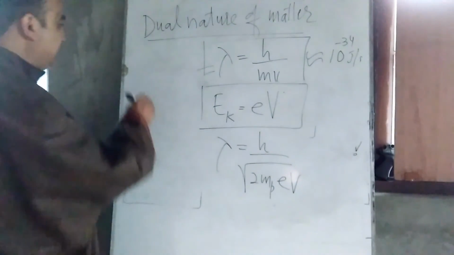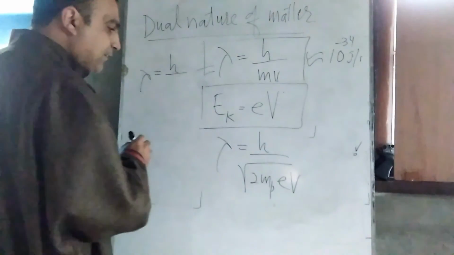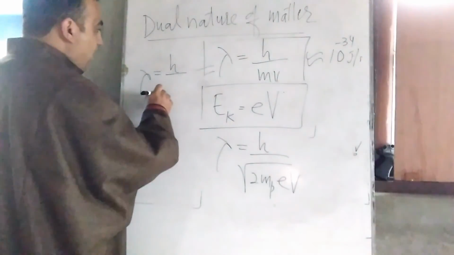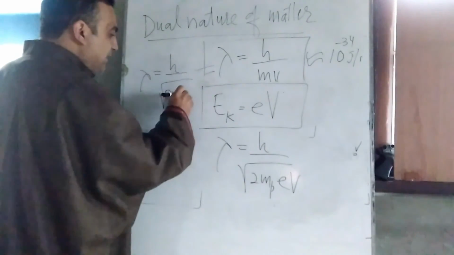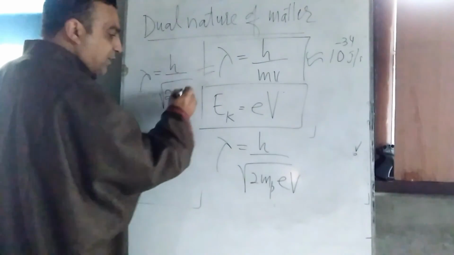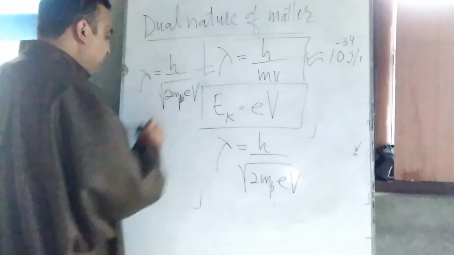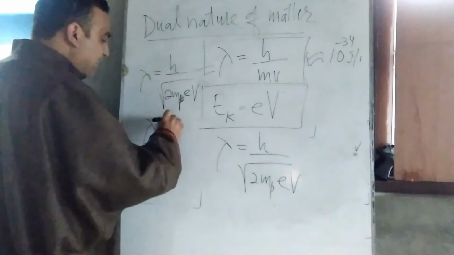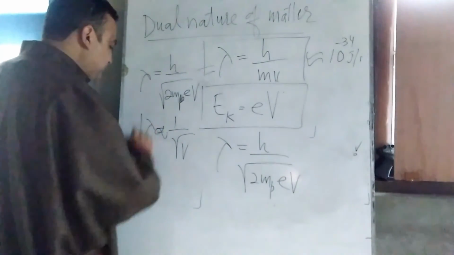And this lambda will be h divided by under root of twice m e V, where m is probably the mass of this particle, e is the charge and V is the potential difference. So lambda will be inversely proportional to under root of V.